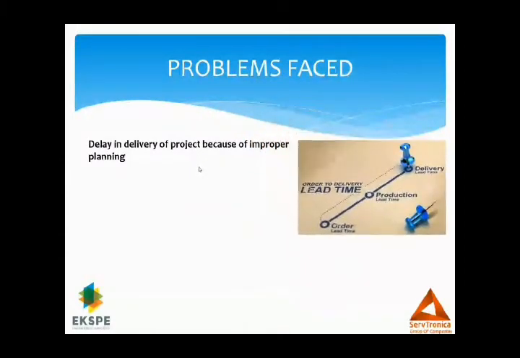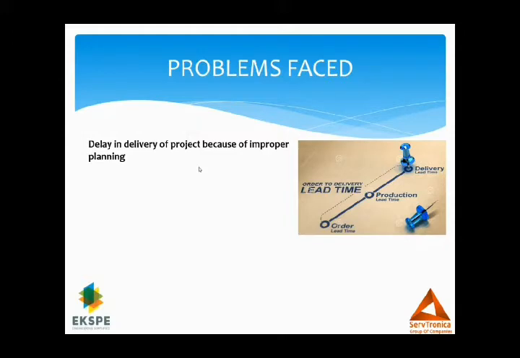Another problem we see is project delay because of improper planning. Every order has a set delivery date. If we get an order for a machine, we have to deliver it within a certain span. Say I must deliver within 3 months or 4 months.